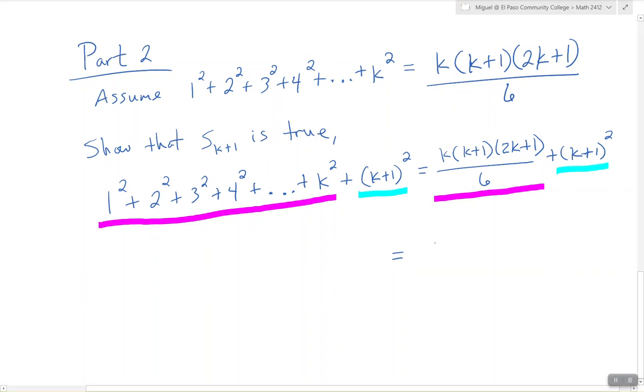That means I would get k times k plus 1 times 2k plus 1, plus, and then to get a denominator of 6 on that term in light blue, I would have to multiply it by 6 over 6. So it would look something like this.